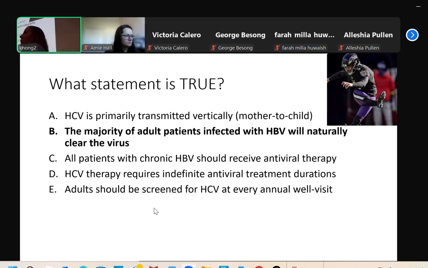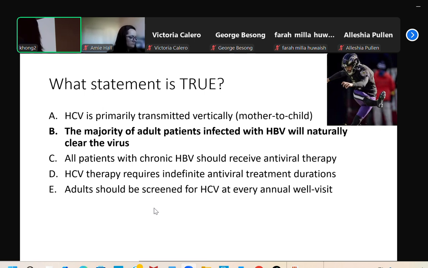And then you continue to monitor them, and that changes over time. So not everybody is uniformly treated with the diagnosis of hepatitis B. Hepatitis C, everybody is recommended unless they're not going to survive treatment. All patients with chronic Hep C are recommended for treatment.